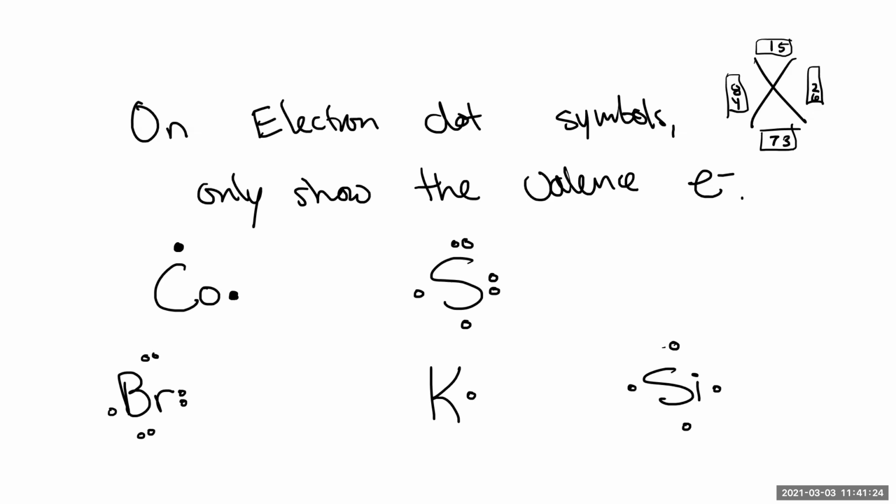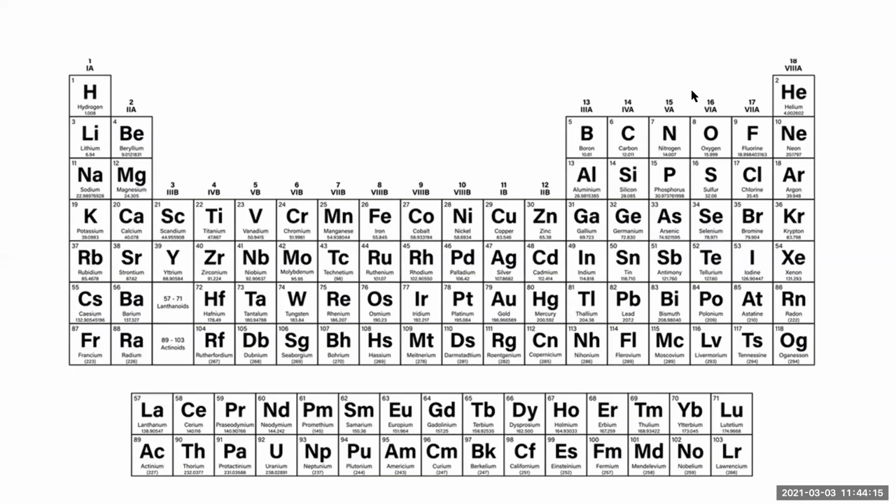Now, if you're wondering how I'm figuring this out so quickly, let us look at something on the periodic table, and then we will end this lecture here. So if this is our periodic table, remember we're looking at the primary blocks as our source of valence electrons. If the element is located in group 1, it's going to have 1 valence electron. If it's located in group 2, it's going to be 2 valence electrons.